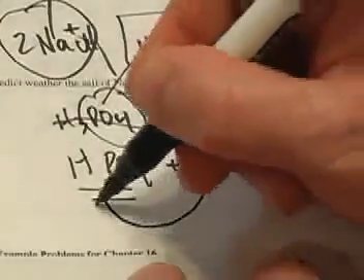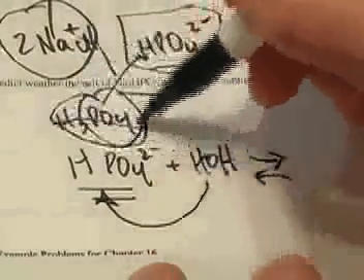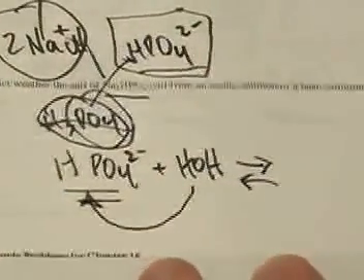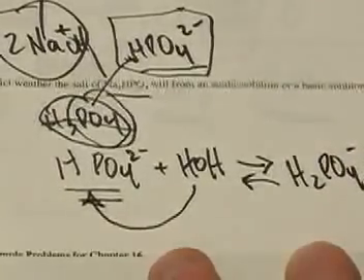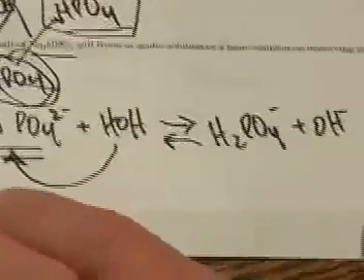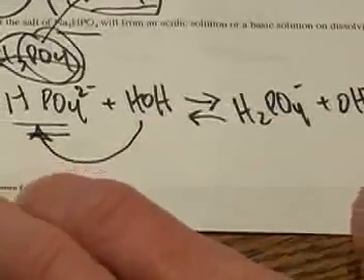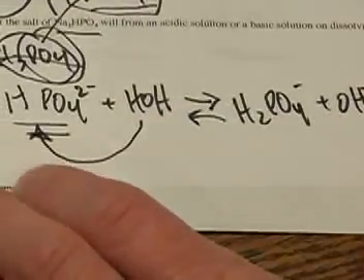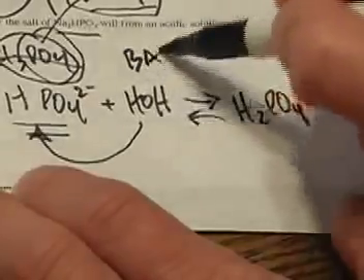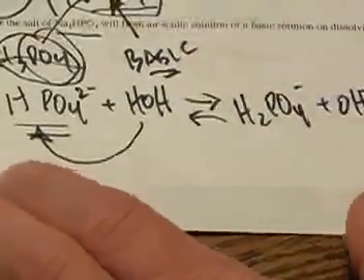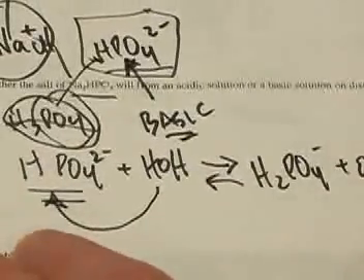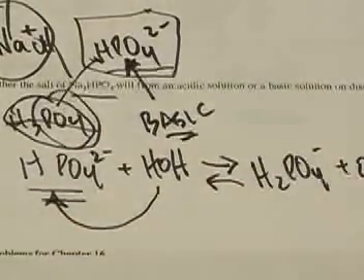It wants to take on a hydrogen to get back to this format of being a weak acid. And so it will become H2PO4 minus 1 and some OH minus. And when it does that with water, it's acting as a base. And so the solution will be slightly basic due to the anion coming from a weak acid.